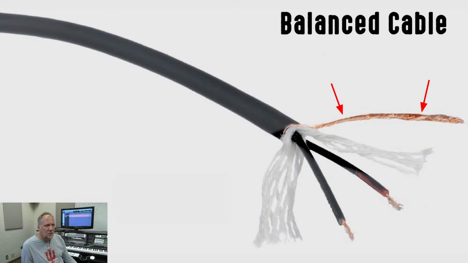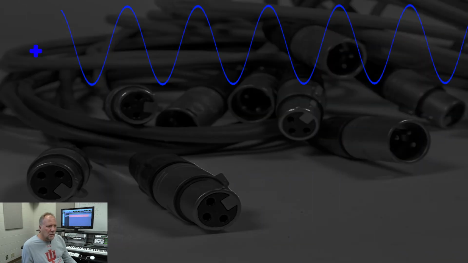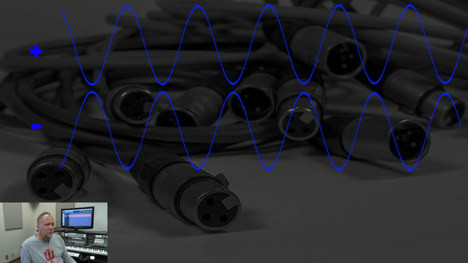One of these conductors has the signal in a positive way, and the other one has it in a polar opposite representation, 180 degrees out of phase, and it allows the microphone preamp to amplify the difference between the two signals, thus canceling out anything that is the same in both.